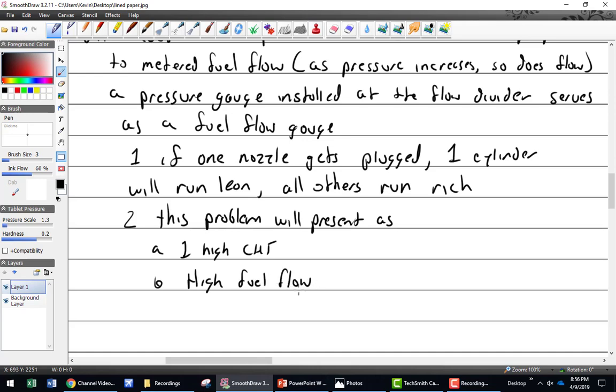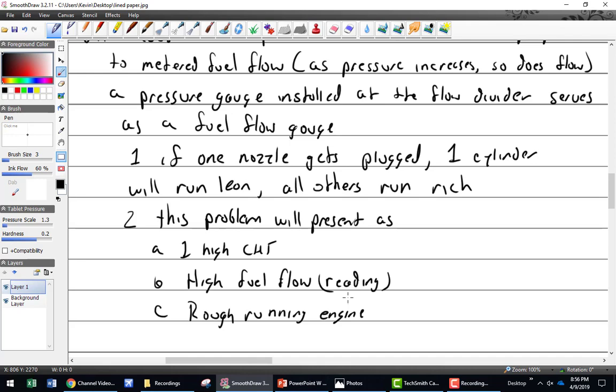High fuel flow reading. Do I really have a high fuel flow? No. What do I have? A rough running engine. Why is it going to run rough? One cylinder's not keeping up with the others. And the others are so over-rich that it might be running rough because of that as well. I don't know if we're really going to get into an over-rich, rough condition.